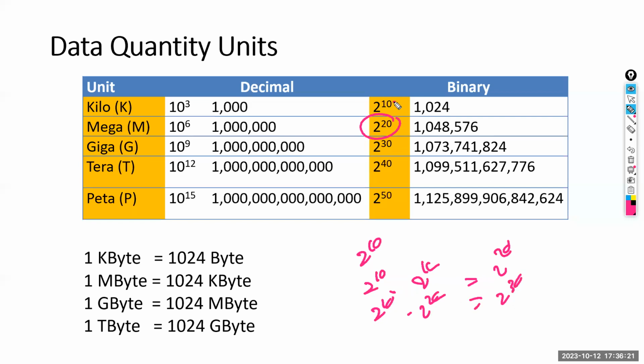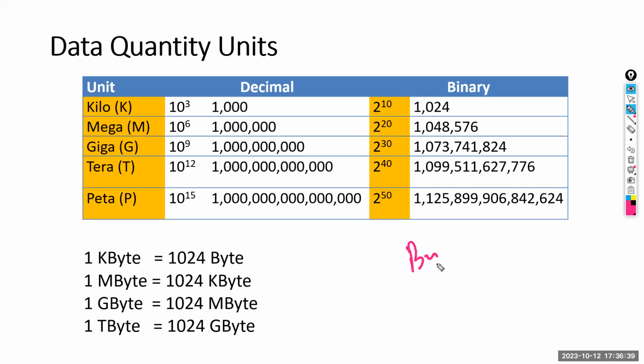And this goes 10, 20, 30, 40, 50, and so on. Because this is 2 to the power 10 of kilo, so 2 to the power 10 into 2 to the power 10 is 2 to the power 20, and so on.